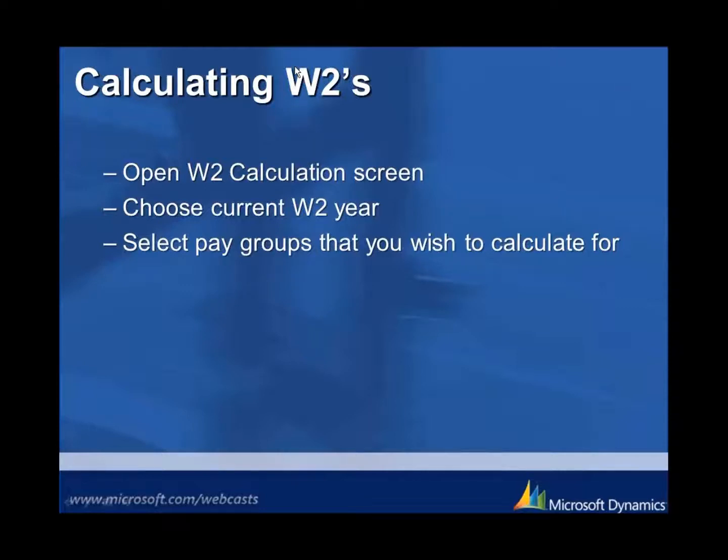This is very similar to the regular payroll calculation, in that you have to select the pay groups when you're doing regular payroll calculation. Now we have to do the same thing for calculating W-2s. If we want to, we can do them in sections, and that's what that pay group selection is for. And then hit Begin Processing.